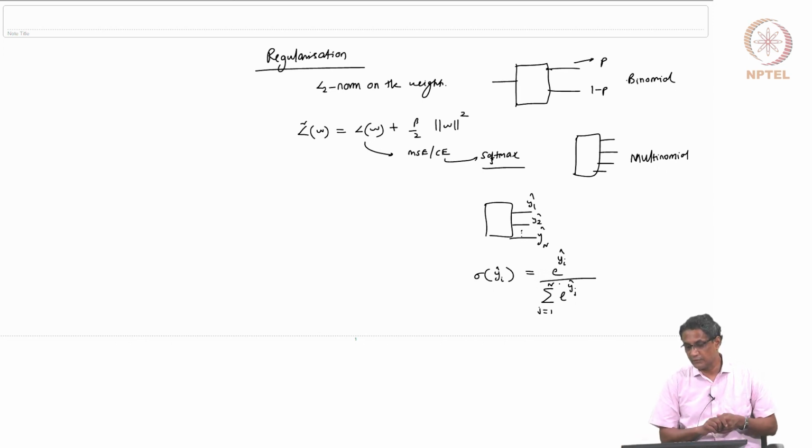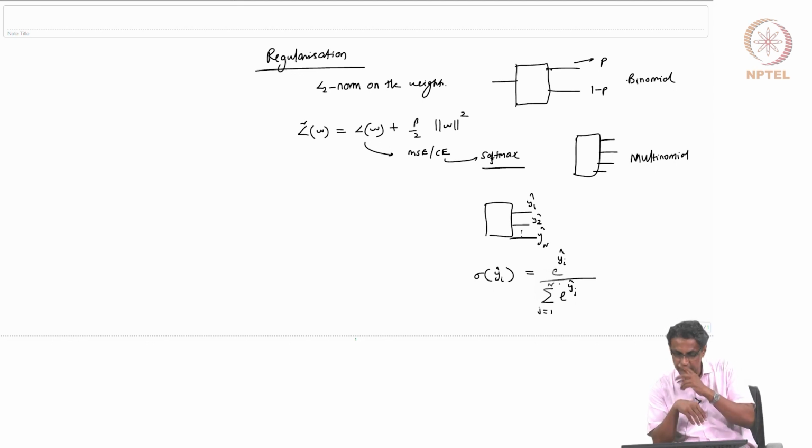So what you do is you take the outputs that you get for all the classes, ŷ1, ŷ2, and so on, and sum them up in the denominator, and in the numerator you keep e raised to ŷi. Now, whether ŷi is negative or positive does not really matter, it could carry any value.